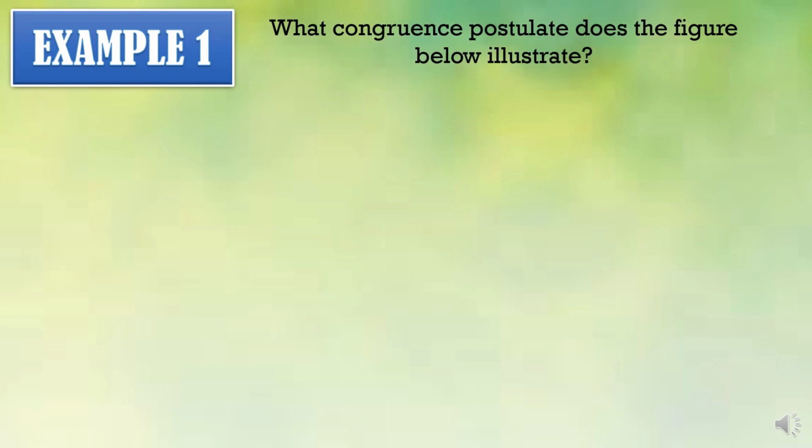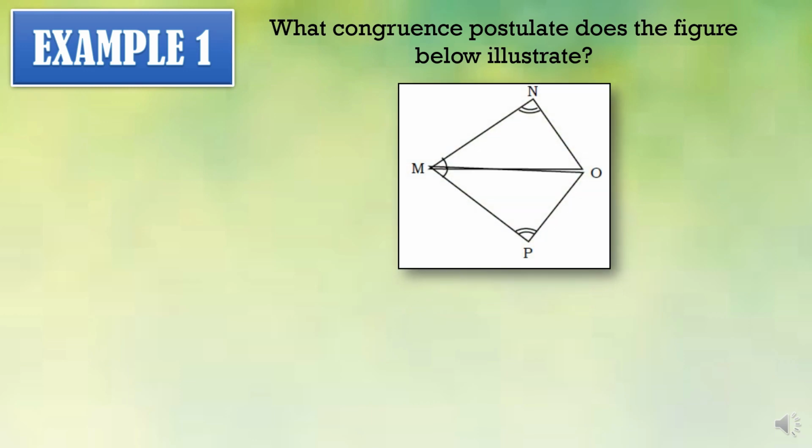Let's have an example. What congruence postulate does the figure below illustrate? As you can see, there are special markings on the given figure. So we have triangle MNO and triangle MPO.